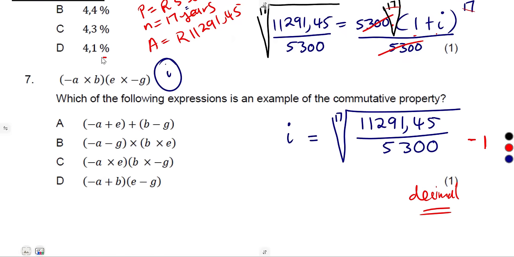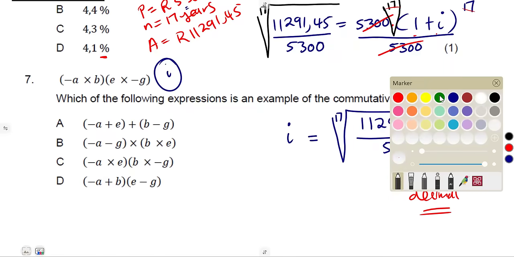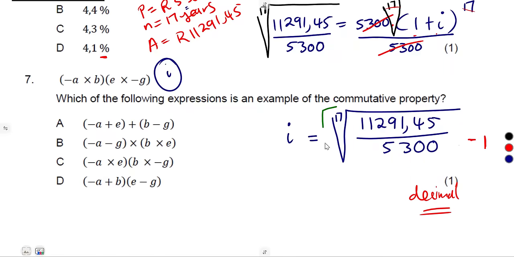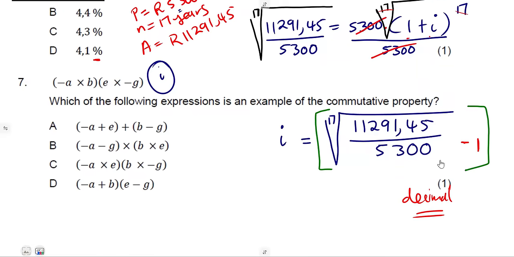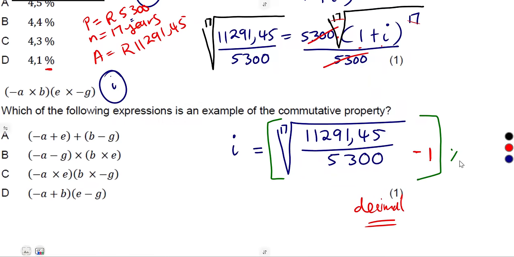To have a percentage as presented there, what am I supposed to do? I'm supposed to multiply everything by 100%. Whatever you are going to get here, multiply it by 100%.